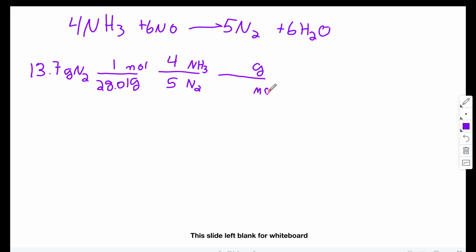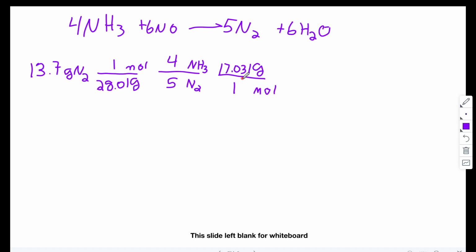And then we know that we're in moles, so we'll have to get rid of those moles. Okay, and the number 1 always goes for mole. And grams is always going to be the molar mass for the thing in front, which for ammonia is 17.031.